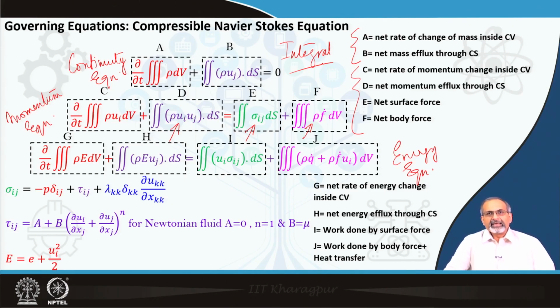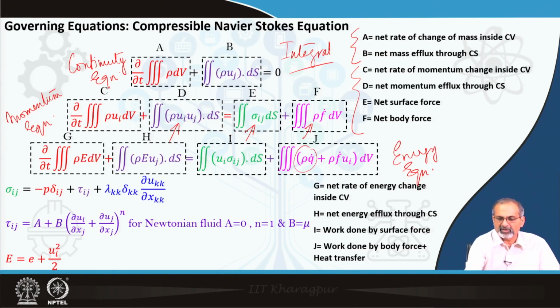The second term H is a net energy efflux through the control surface, a surface integral. The third one on the right hand side, work done by surface forces, which is a surface integral. And finally, the fourth term, the second on the right hand side, is the work done by body forces as well as heat transfer.